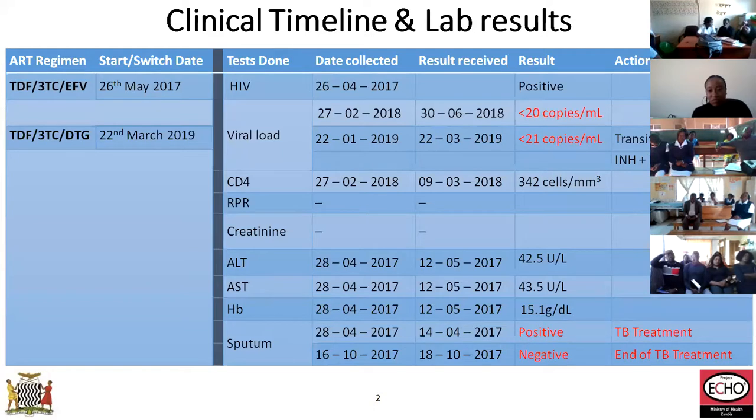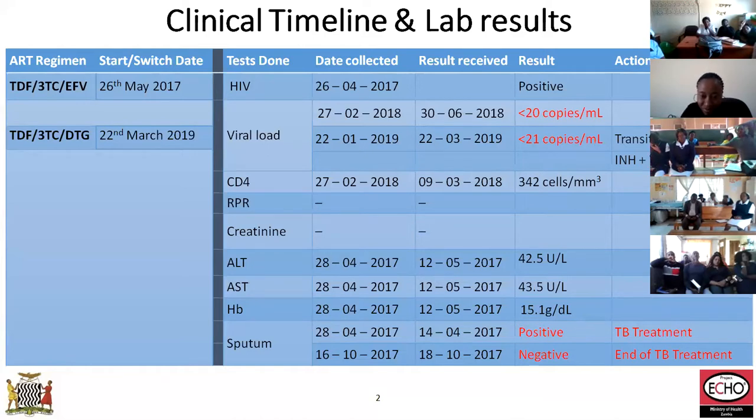So he was commenced on ART on 26 May 2017, then later switched to TLD on 22nd March 2019. Looking at the tests done, the HIV test was done on the 26th of April 2017 and came out positive, and then he was initiated on treatment.